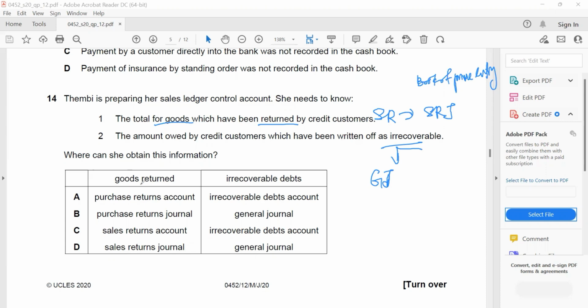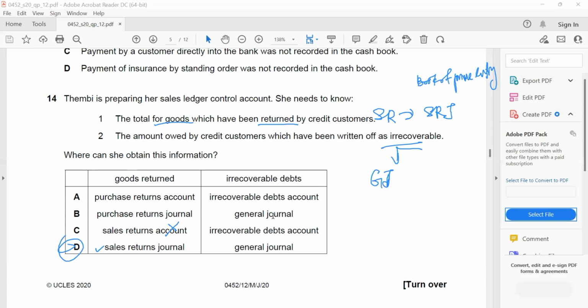So goods returned will be the sales return journal, not the account. Okay, take note, it's a book of prime entry. The source document is from the book of prime entry. So sales return journal, not the account. And then irrecoverable is general journal. So the answer should be D.